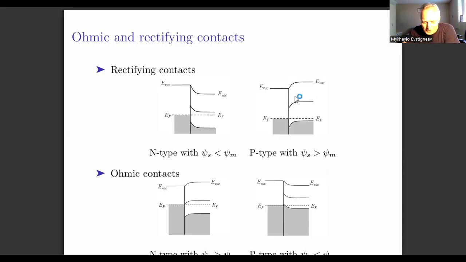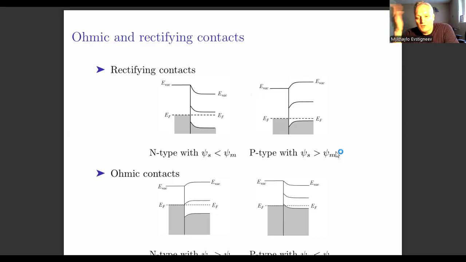Well, not completely empty, but the concentration of electrons is much, much lower than the intrinsic concentration, which in turn is much, much lower than the concentration of the holes in the valence band. Now, if the semiconductor work function is higher than that of the metal, then in order to maintain the continuity of the vacuum energy, the semiconductor bands must bend down, as shown in this diagram, upper right diagram.